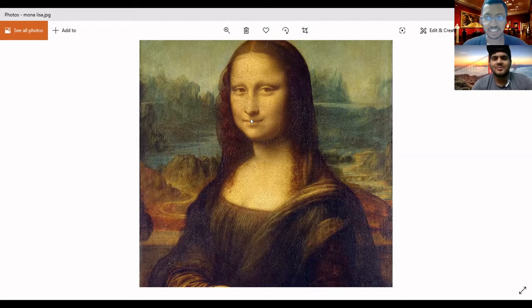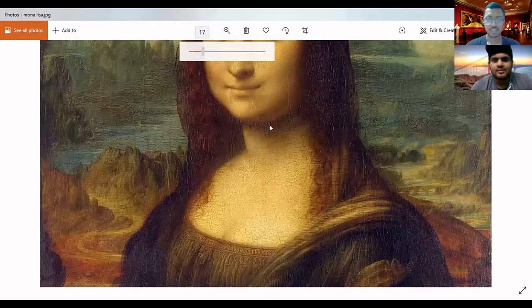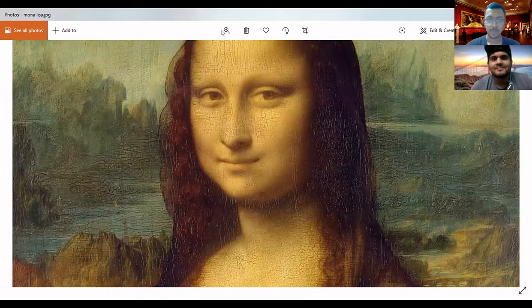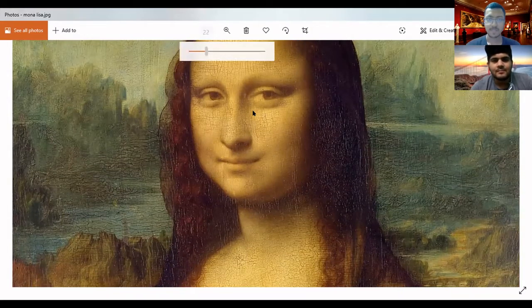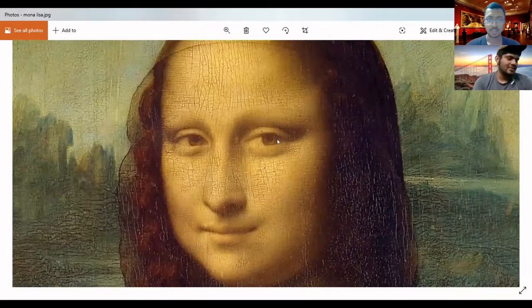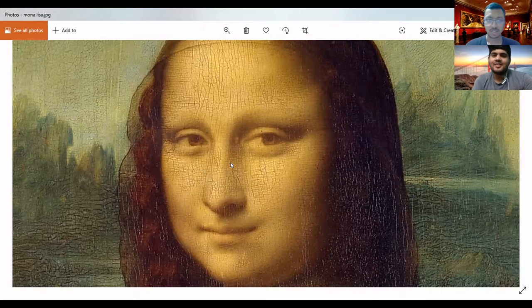Let us zoom in a little bit. What's actually vague here is that if you try to look in her eyes, the smile actually grows.